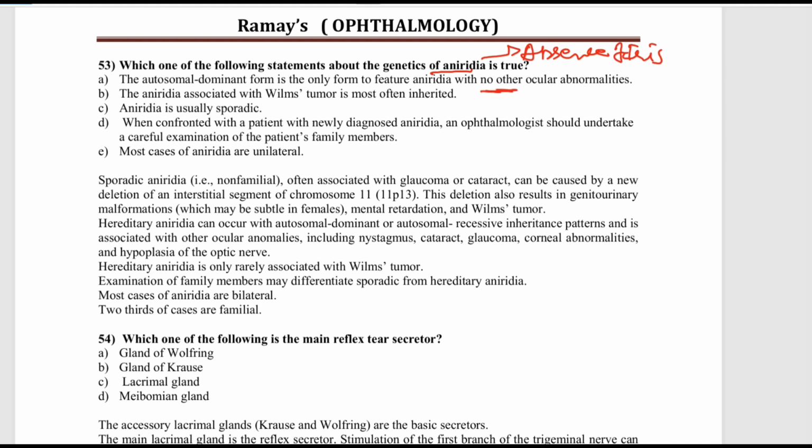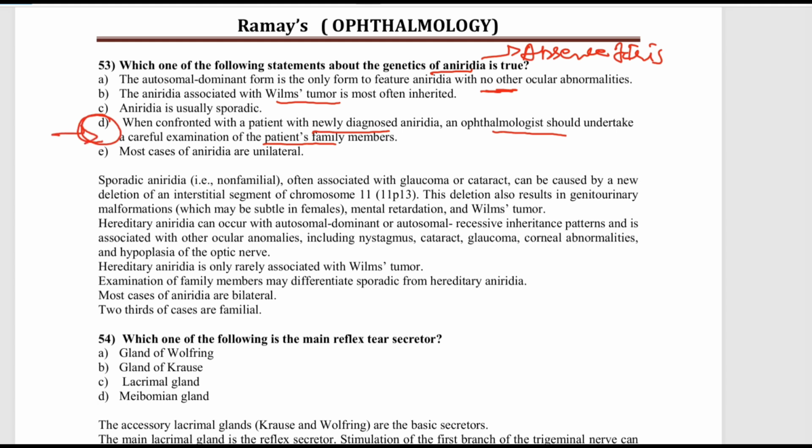The aniridia associated with the Wilms tumor is most often inherited. Aniridia is usually sporadic. When confronted with the patient with the newly diagnosed aniridia, an ophthalmologist should undertake a careful examination of the patient's family members. Most cases of the aniridia are unilateral. So the correct option here is delta.